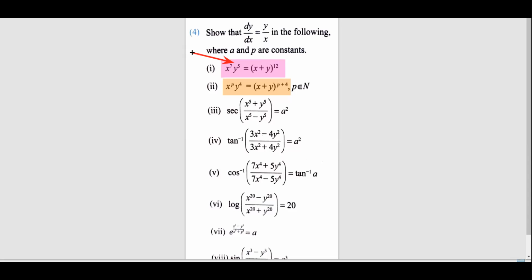You see this? x raised to 7 into y raised to 5 equals to x plus y raised to 12, which is 7 plus 5. Now look at the next one. Here also you have the product of x raised to p, y raised to 4, and on the other side you have x plus y raised to the sum of these two, p plus 4. So the way you have the first question, the second is also the same.